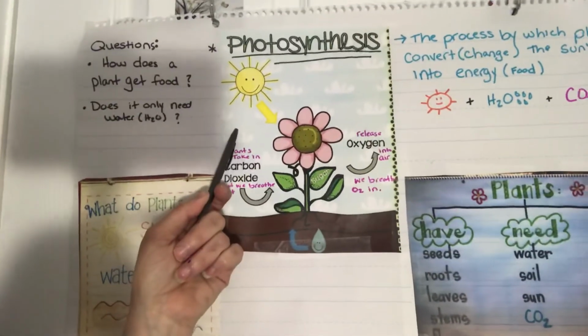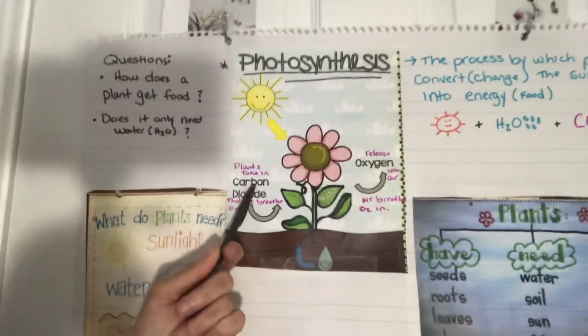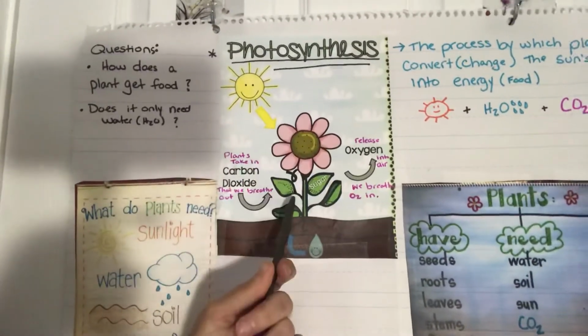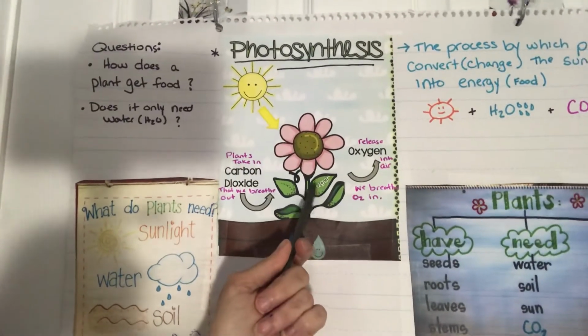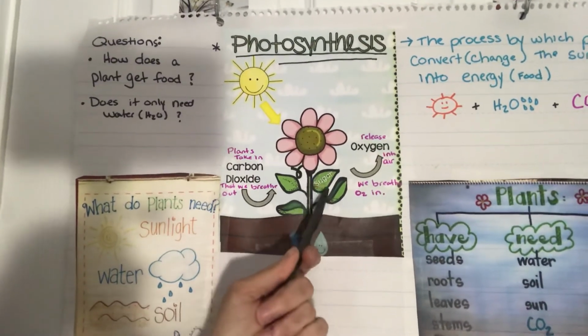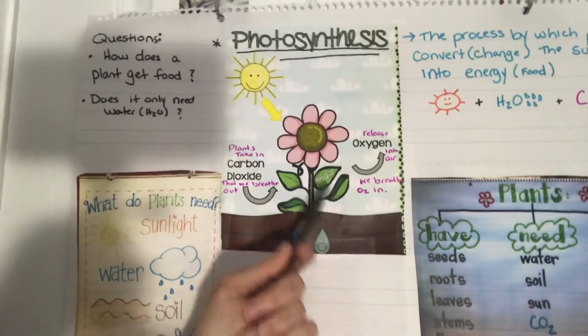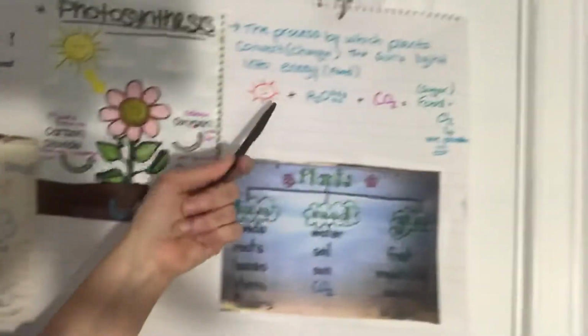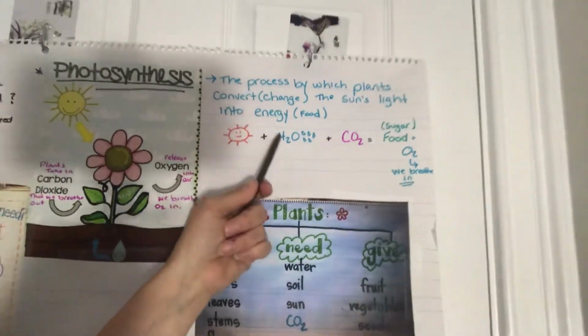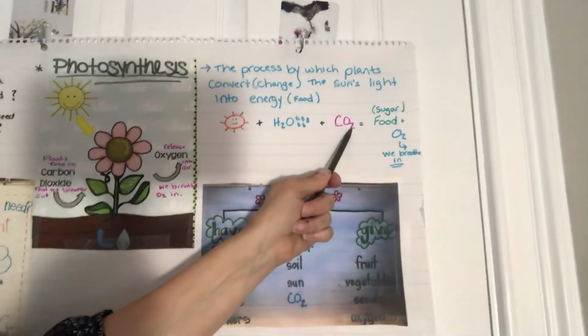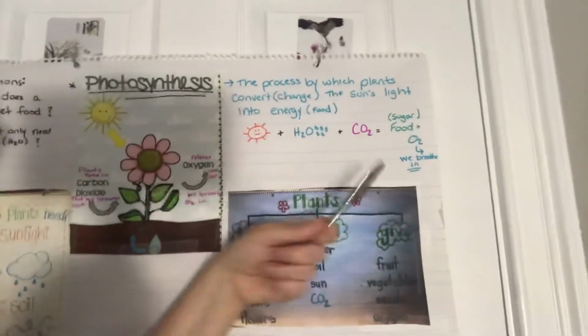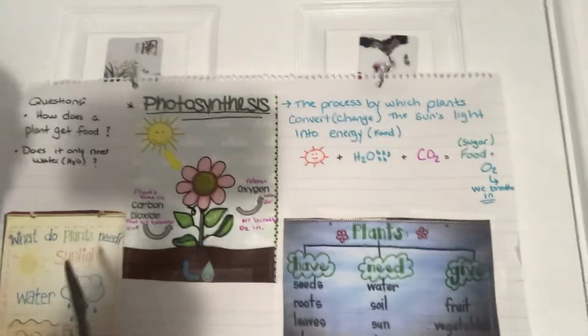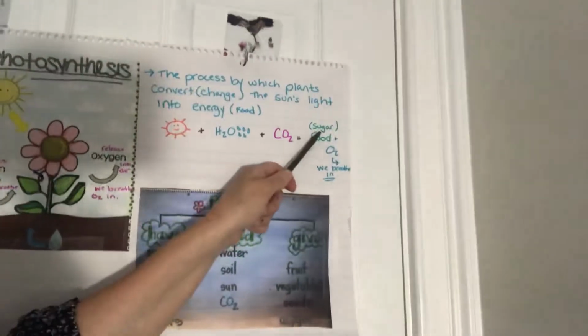And I'm going to tell you how it gets there in just a minute. Carbon dioxide plus the sun plus the water all mixes up in the leaves to make a sugar.